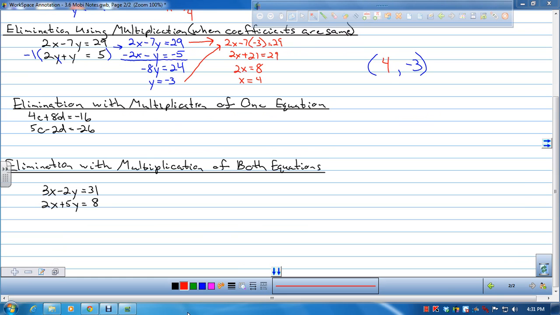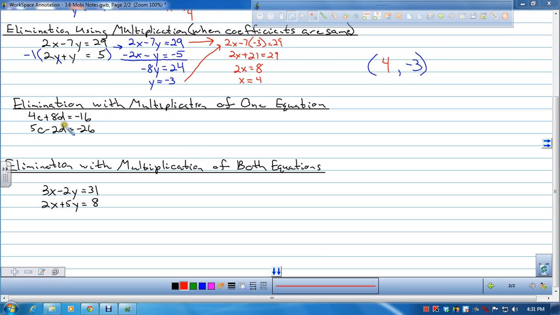Alright, now the last two are going to be when I need to multiply by something other than negative 1. The first one we're going to show you is when we only have to multiply one of the equations. That would mean when I've already got something that has opposite signs, I only have to multiply one of the equations by a number.